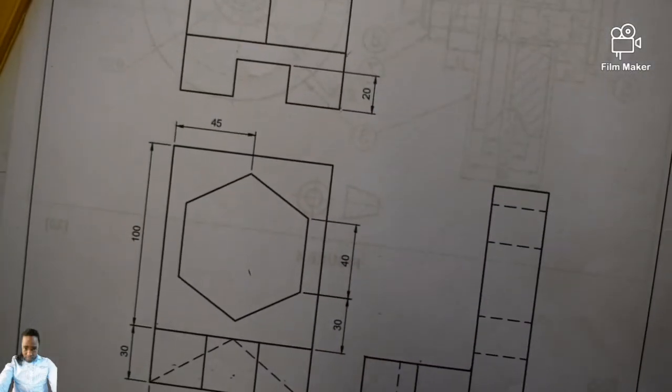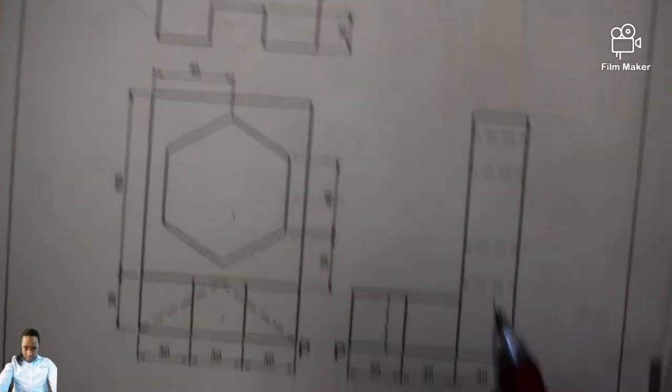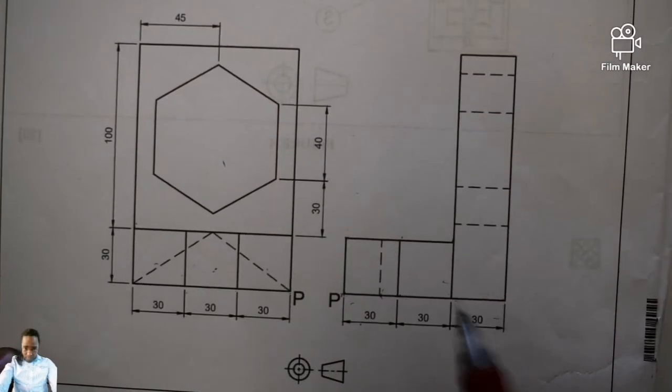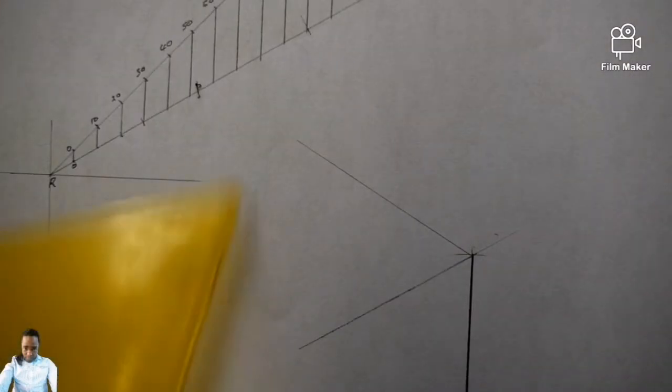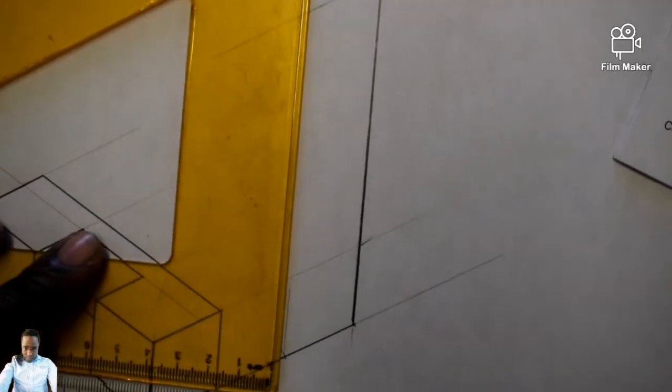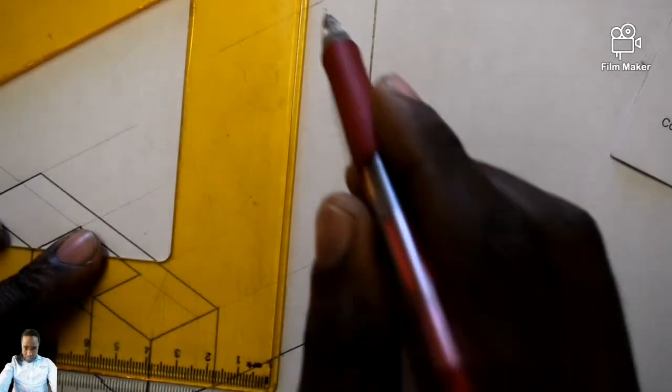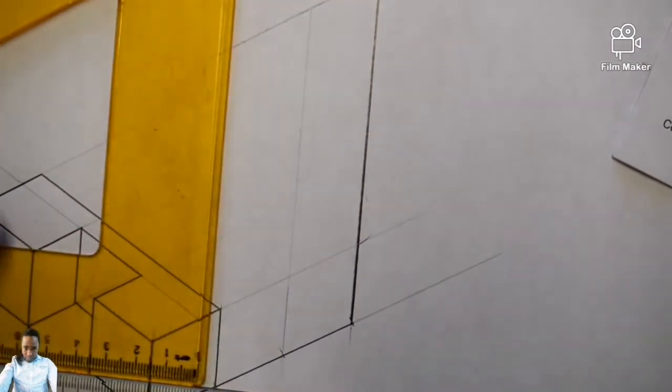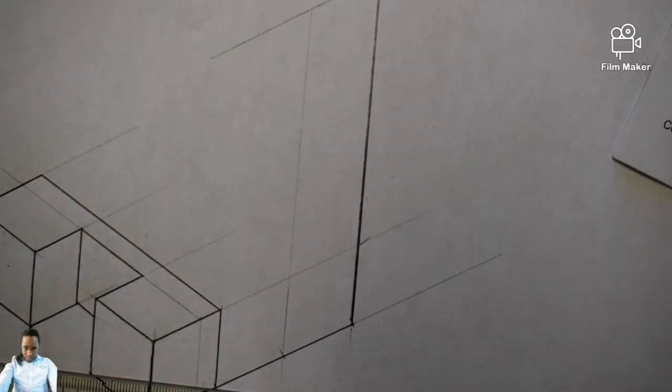So now, what is the thickness there? The thickness is 30. It's 30, the thickness, isn't it? So that is what we did. I've just projected this one up till there. I'll draw it faint for now.